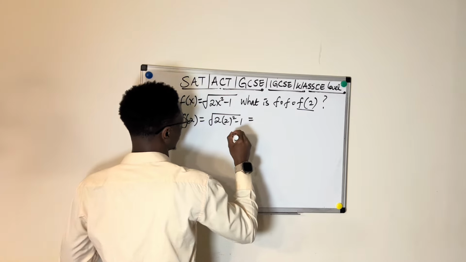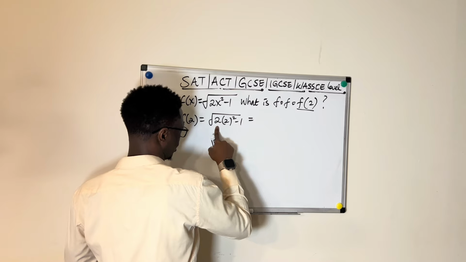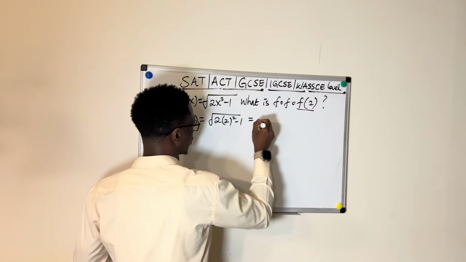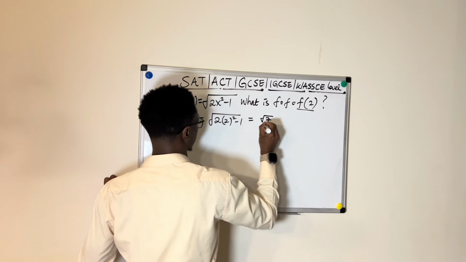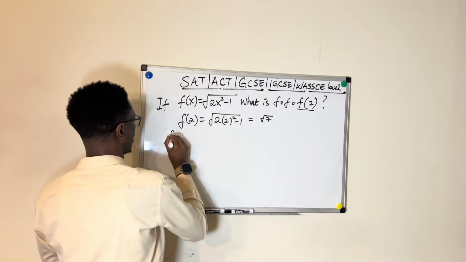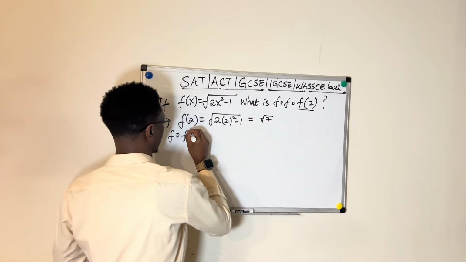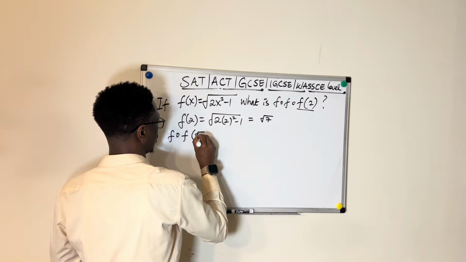So 2 squared is 4, 4 times 2 is 8, 8 minus 1 becomes 7. So this becomes root 7. Now this function becomes f of root 7.